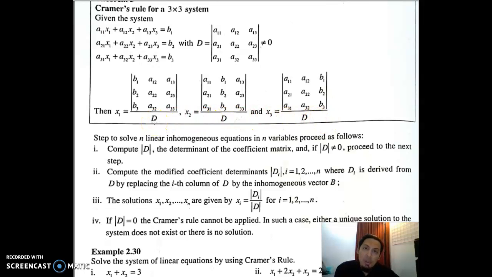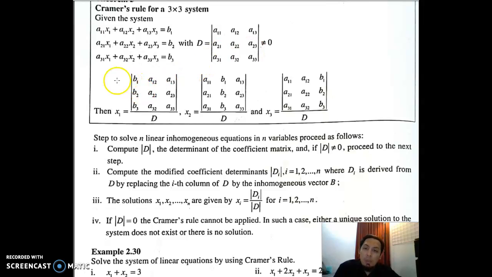After that, as for the modified determinant, we are going to modify it by changing the column. We are going to change the column according to the value of x that we want to find.